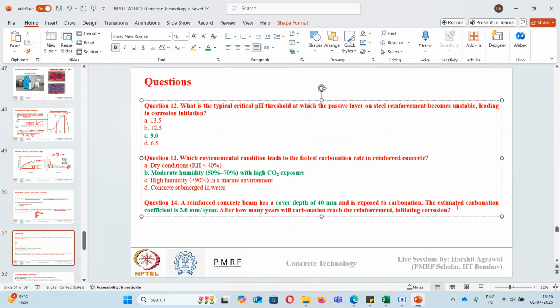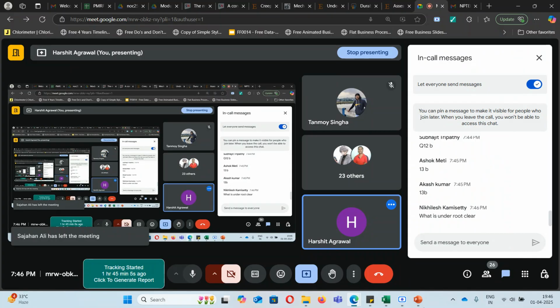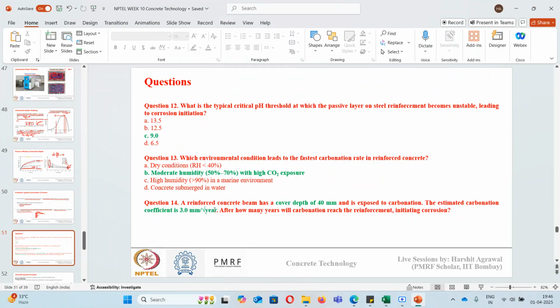How can we calculate the time? Can anyone try the calculation? This is per root year.